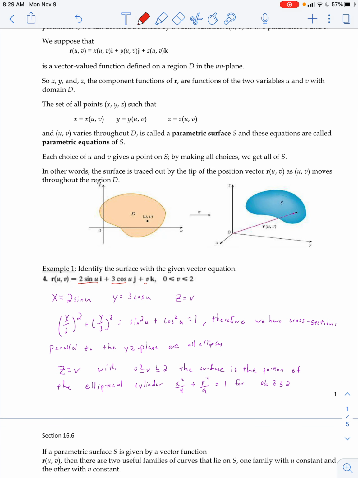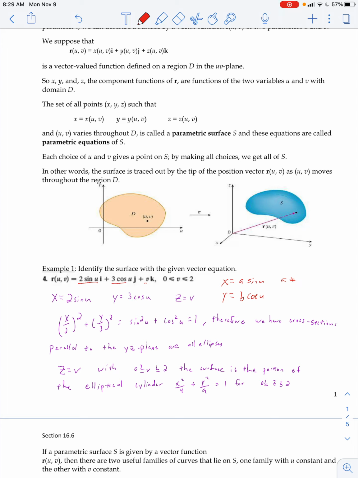As a little side, anytime you have x equal to a sine u, or it could be a cosine u, and y equal to b cosine u, or it could be b sine u, then as long as a does not equal b, you're dealing with an ellipse.